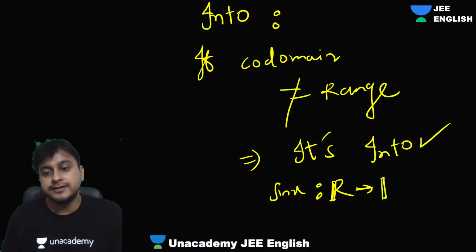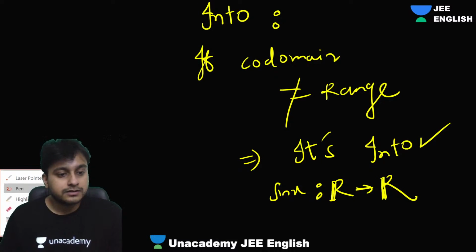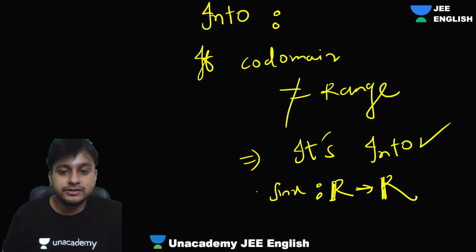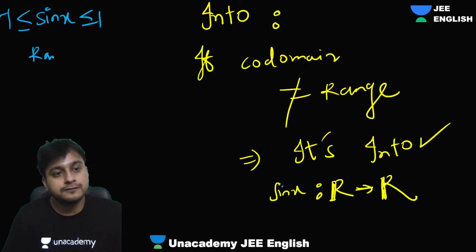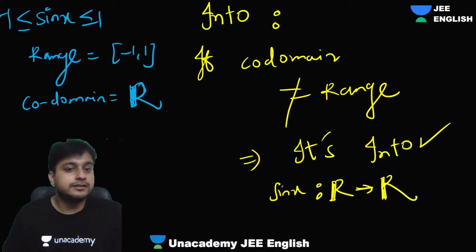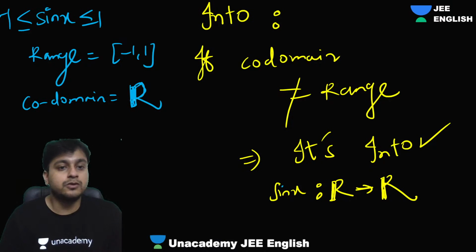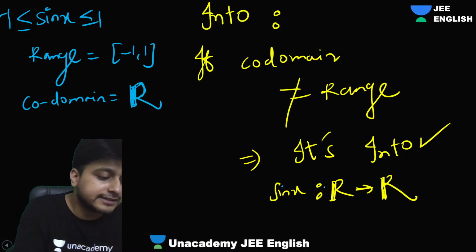Will this be onto, guys? What is the range of sin x? Sin x is always lying between what? -1 to 1. Range is -1 to 1, and codomain is R. Range is not equal to codomain, so it is an into function.